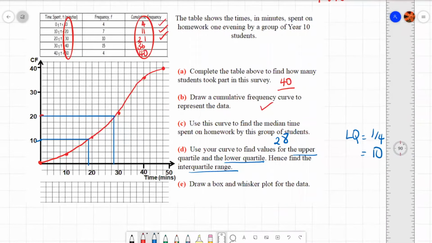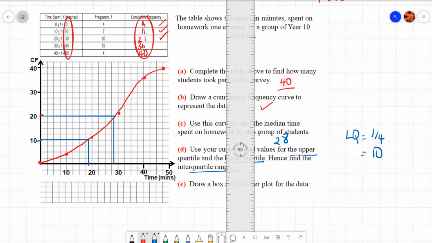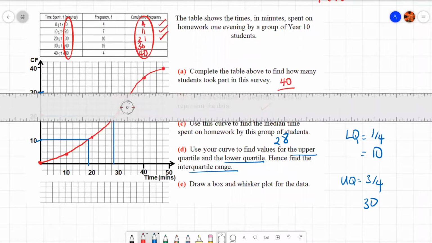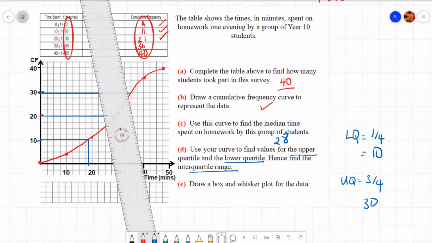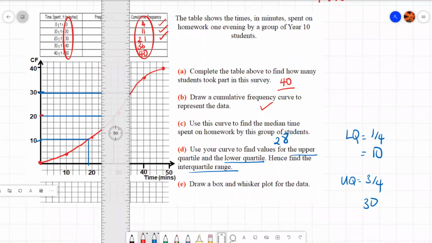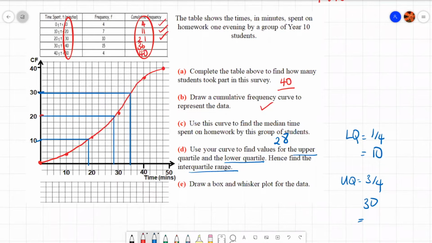Okay, and while I'm here, I'm going to do the upper quartile as well. That's 3/4 of my data. So I want 3/4 of 40. So 40 divided by 4 times by 3, which is 30. So I'm going to go up 30 while I'm here, and then I can figure out what the values are. 30 seems like a nice one. Okay, go down.